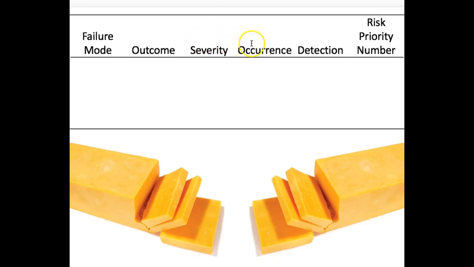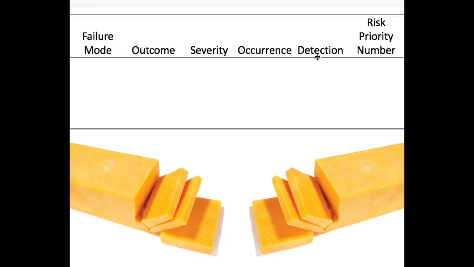For severity, it happens all the time. For occurrence, and it's really hard to detect for detection. So as you can imagine, the higher those scores are for your severity, occurrence, and detection, the higher your risk priority number is going to be, because how you get that risk priority number is you multiply these three numbers together. So let's do an example with cheese.